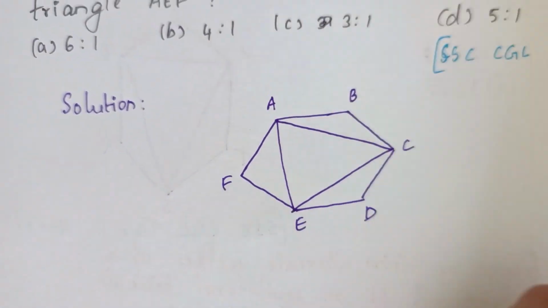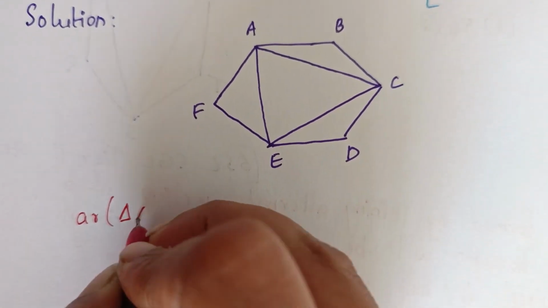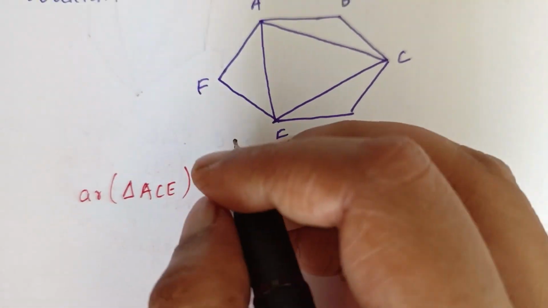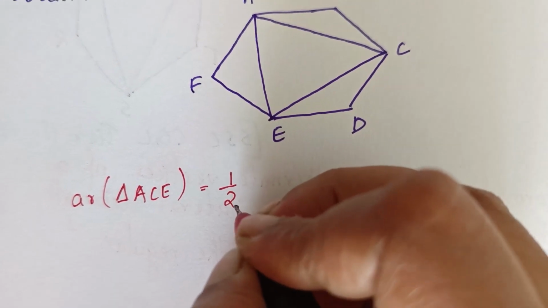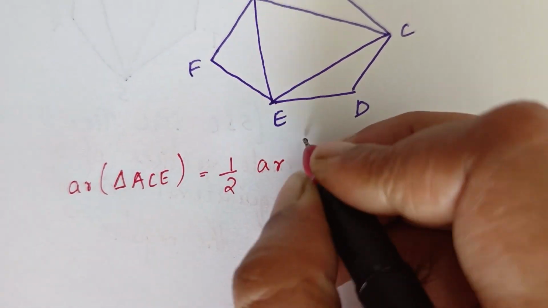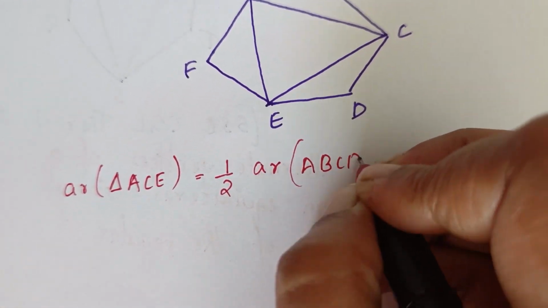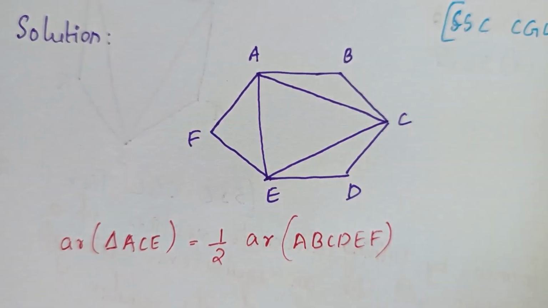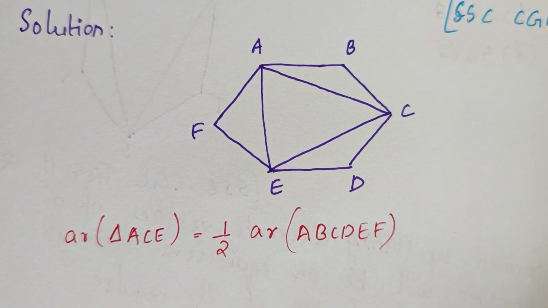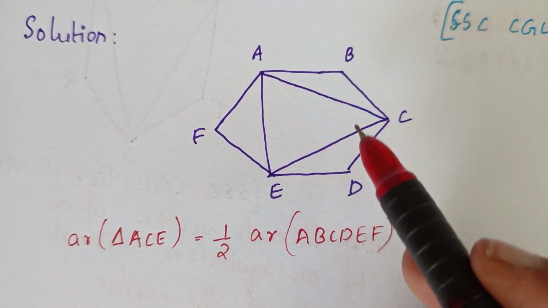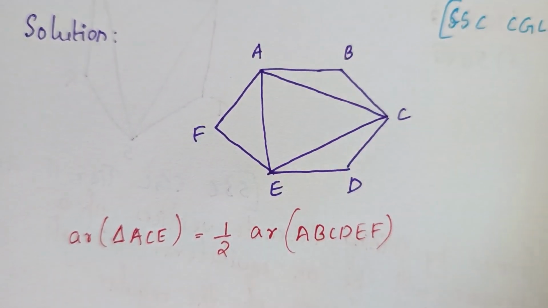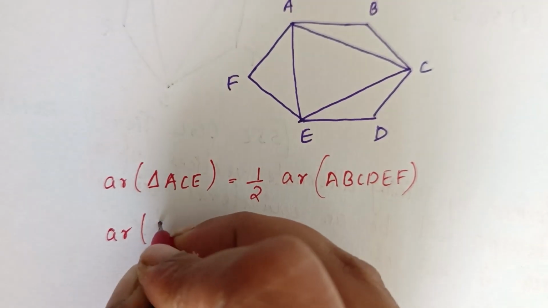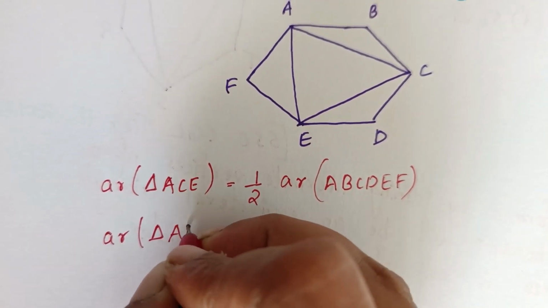So the same point that we discussed for the last question can be applied here also, that is area of triangle ACE is equal to half the area of ABCDEF. Now the remaining half area of ABCDEF comprises the area of the remaining three triangles, and area of triangle AEF is actually 1/3 part of the remaining half area.